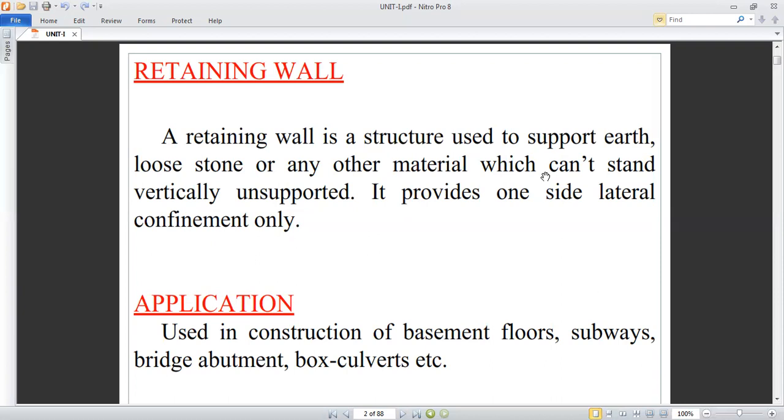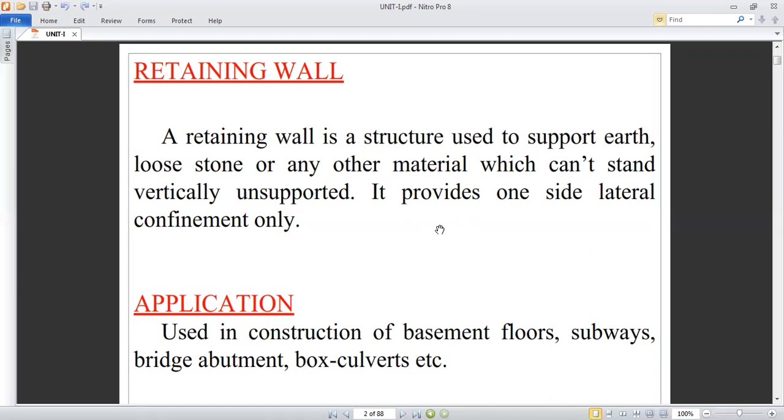So we need to support it to bear the pressure from the lateral. Okay. So this lateral pressure would be either earth filling or a liquid pressure or any other granular material which stands behind the retaining wall structure.